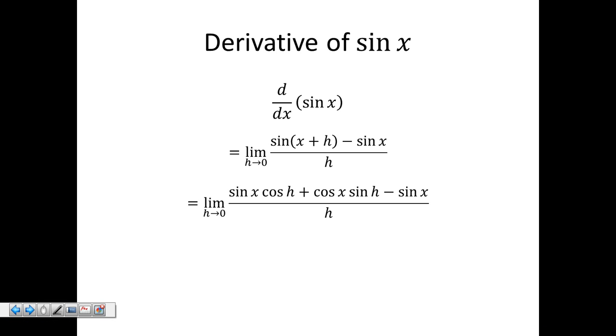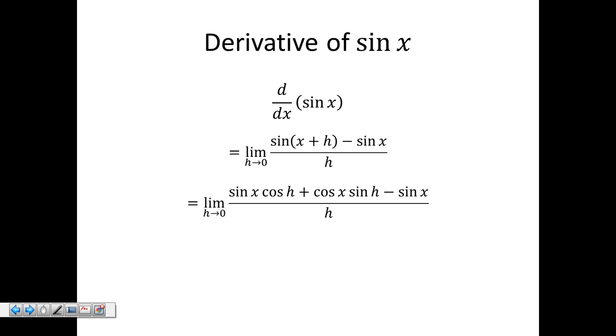So in order to do this, what we've got to do is start to use some of our trig identities. Remember the sine of two angles added together. Remember, sine operates on angles, so we've got to think of x and h as being angle values, generally in radians, because that's how you should have your calculator set even. So this is the sine of alpha plus beta, if you remember your trig identities.